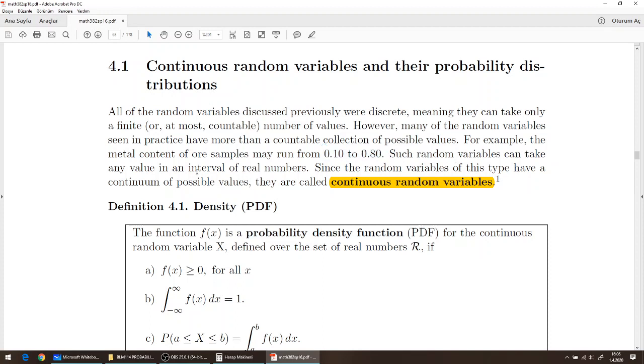Such random variables can take any value in an interval of real numbers. I think you know what real numbers are. It can take any value, with a comma, and following the comma you may have several digits. Since random variables of this type have a continuum of possible values, they are called continuous random variables.